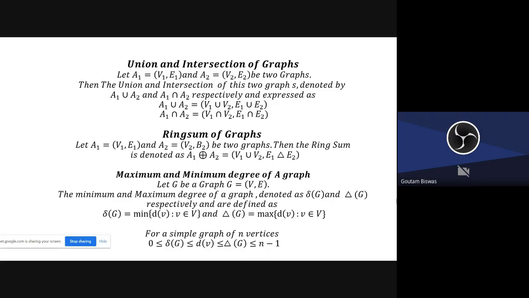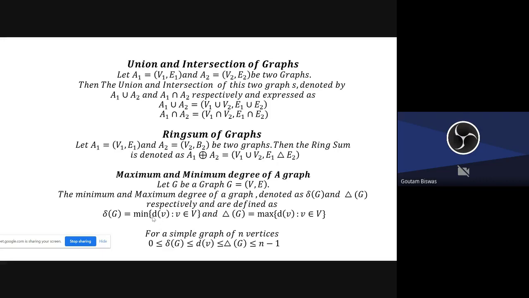The degree of a graph is a number, and the degree of a vertex is the number of edges connected with the vertex. The minimum and maximum degree of a graph are denoted like this: d(v), the degree of a vertex v, where v belongs to V.